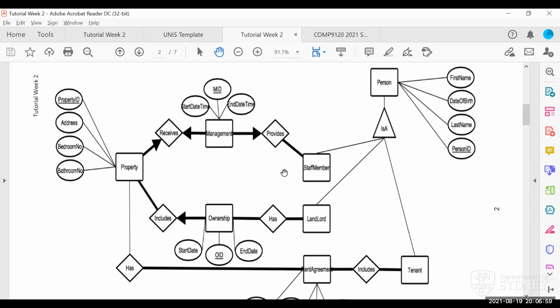Based on the scenario, our task is to identify any mistakes or errors in this model. If there is any gap, it could be, for example, missing attributes, an incorrect primary key, or perhaps a wrong constraint. Basically, any mistakes that you can identify in this ER model. That's what we want to do for the first task.